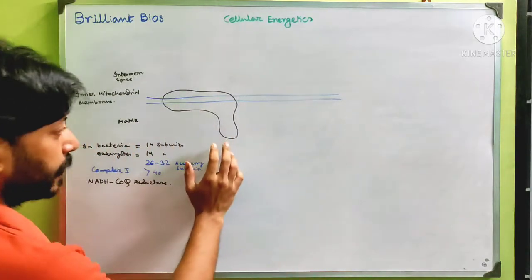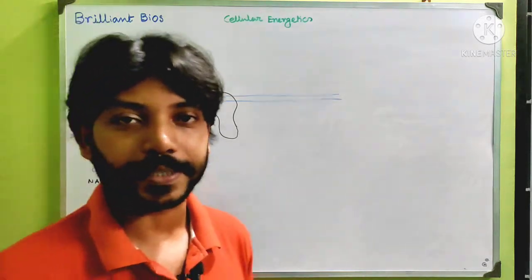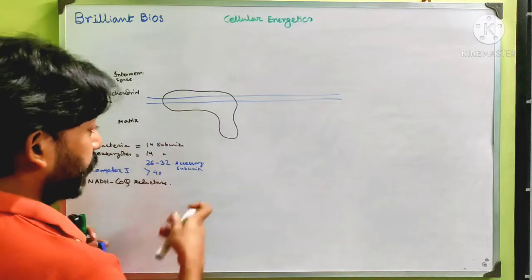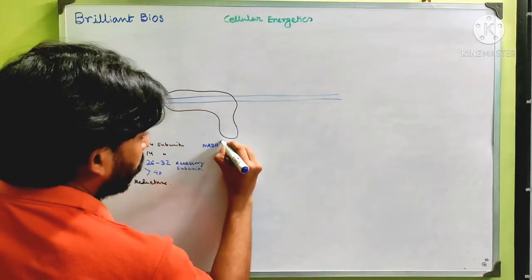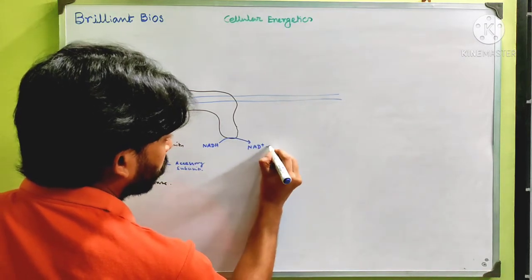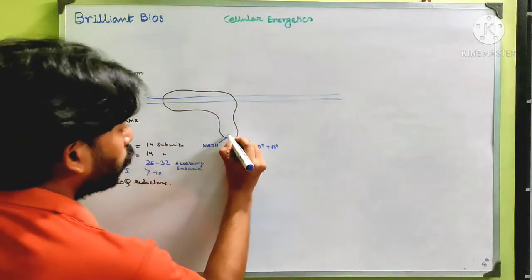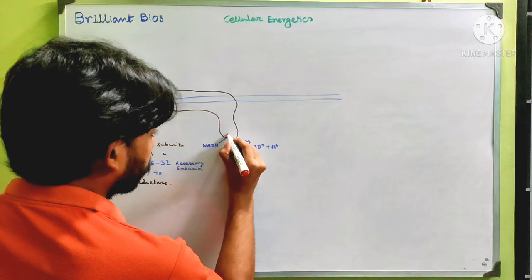This complex is the site where NADH goes through oxidation. NADH releases its energy and becomes NAD plus, and releases two high energy electrons in this complex.